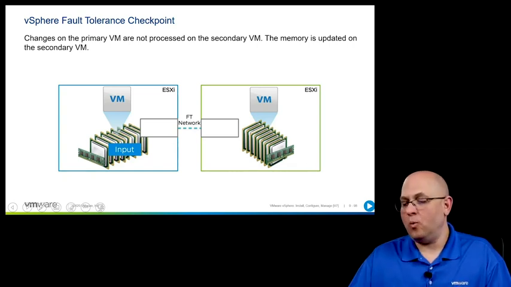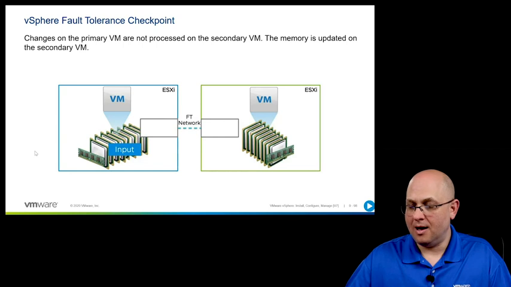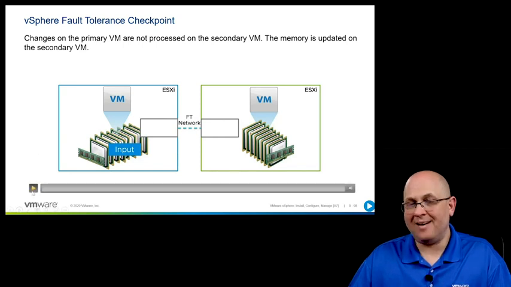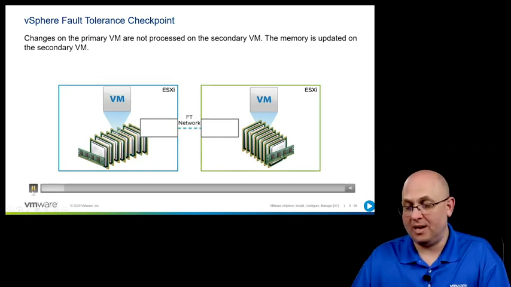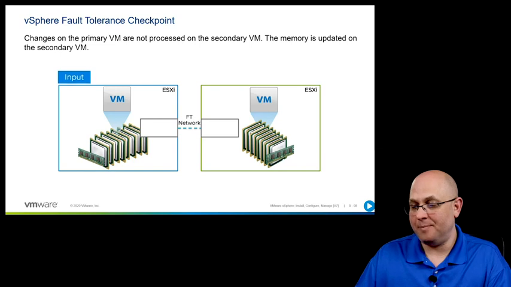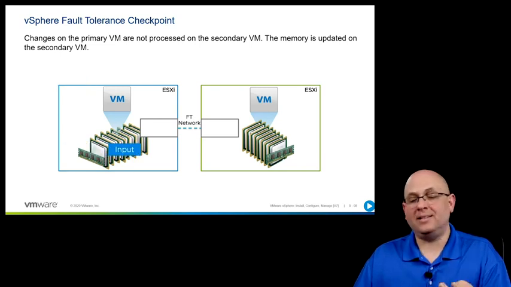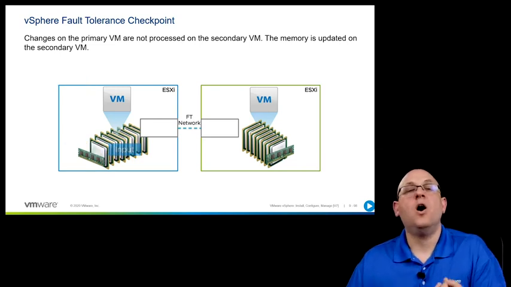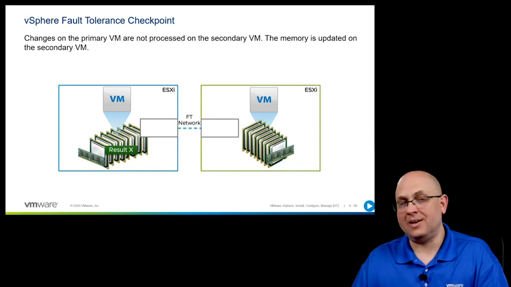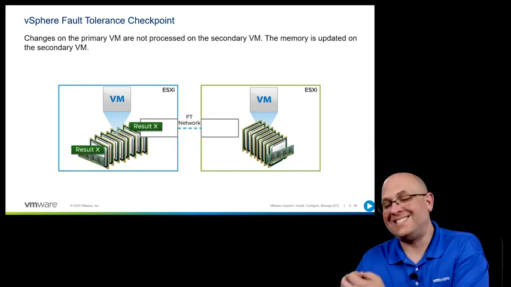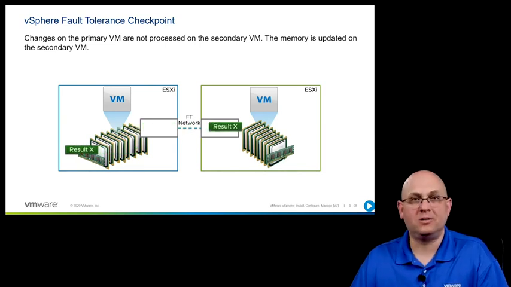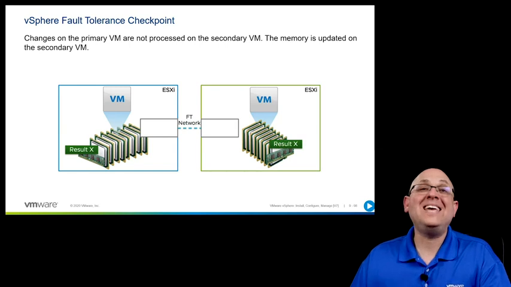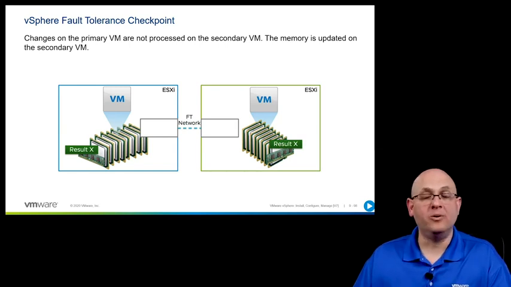Then, when we have new writes to memory in the primary VM, those writes to memory are copied over what we call a fault-tolerant network, over to the secondary ESXi host. We've seen mechanisms that copy memory from one host to another.